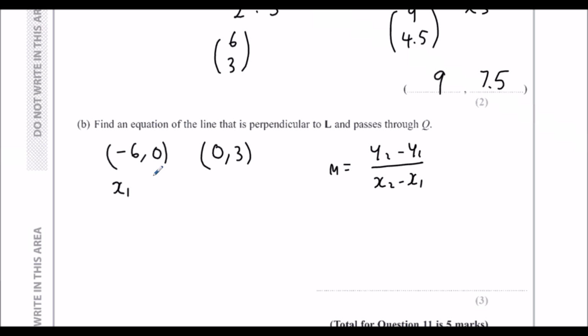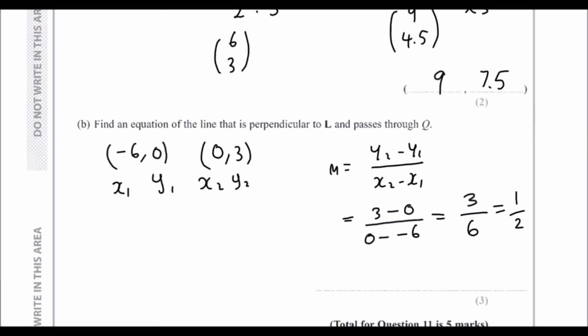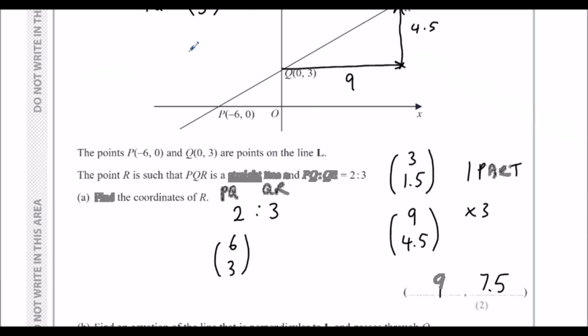So we can call these x1, y1 and x2, y2. So y2 take away y1, 3 take away nothing, divided by x2, which is 0, take away x1, which is negative 6. So 3 take away nothing is 3. 0 take away negative 6. When we take away a negative, we add. So 3/6 or 1/2. There was probably a quicker way of doing that.